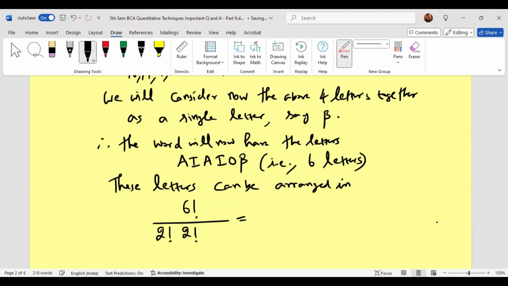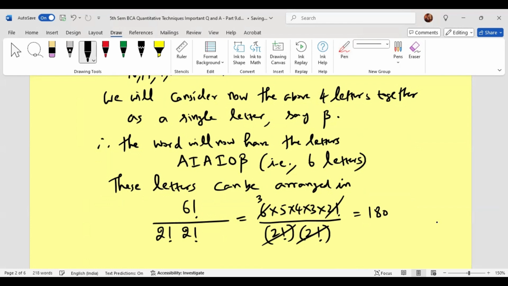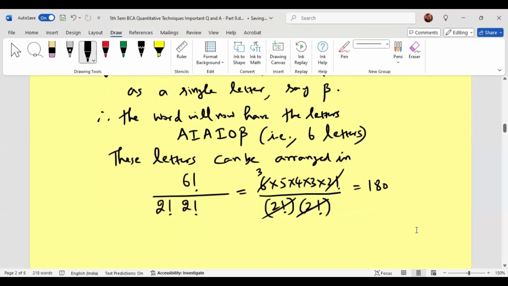So this becomes 6 factorial, we will write it as 6 into 5 into 4 into 3 into 2 factorial divided by 2 factorial multiplied by 2 factorial. So this 2 factorial gets cancelled with this. 2 factorial goes with this 3 times. So we get 5 fours are 20, 20 into 3, 60, 60 into 3, 180. Is it correct? 20 into 9, 180. Yeah, 180 ways.